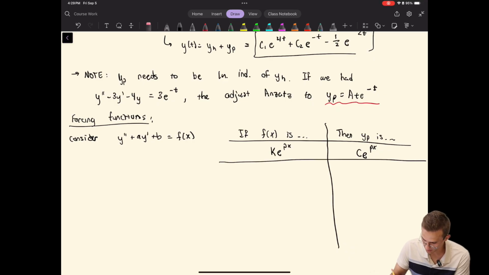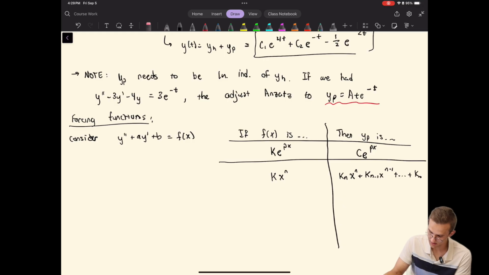If it's a polynomial of order n, like k x to the n, then your yp is going to be a polynomial of the same order, but you have to include every term of smaller order in the polynomial, all the way down to k naught, the constant term. So that's what you need to do for polynomials.